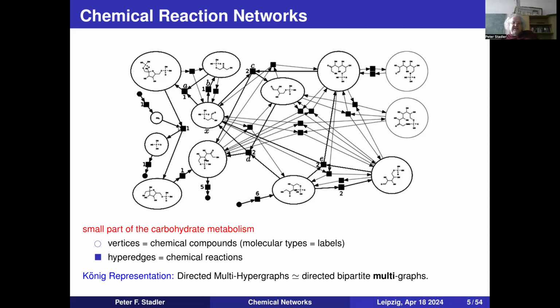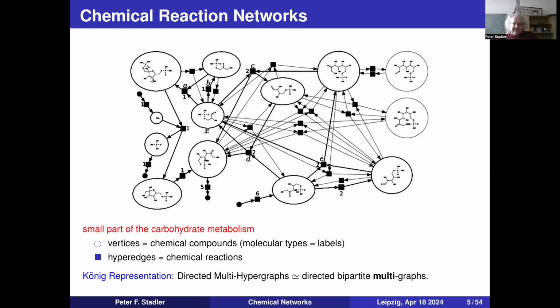The idea is essentially every reaction is represented by a reaction node, which is all these squares that are shown here, and all the compounds, all the vertices of our hypergraph, are shown by these ellipses, and every one of these ellipses is labeled by the compound that it represents, here drawn as these chemical structure formulas. And we will come back to the question very soon on what kind of questions you can ask on these kind of reaction networks at different levels.